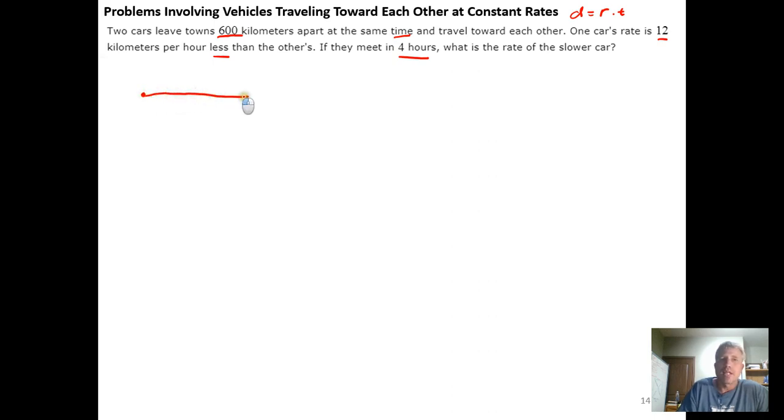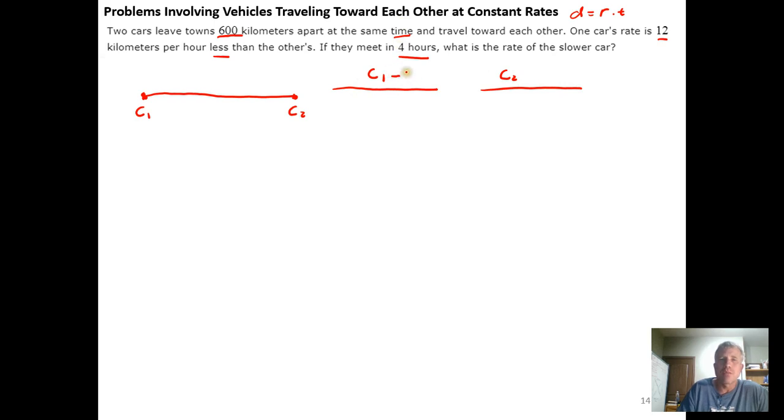So we start at one town, we have another car starting at another town. So I'm going to say car 1 starts here, car 2 starts here. I'm going to have to catalog information about car 1 and car 2 so I can set up my relationships. And I have to decide which of these two cars I'm going to make the slower car.